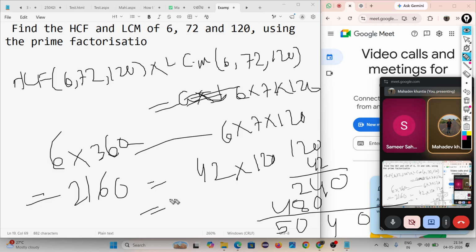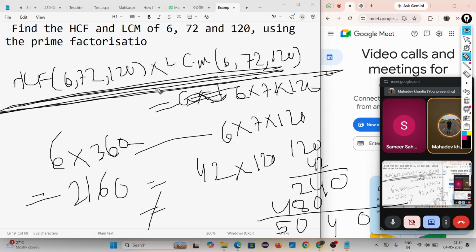Are these equal? No. So that means this formula is applicable for only two positive integers.